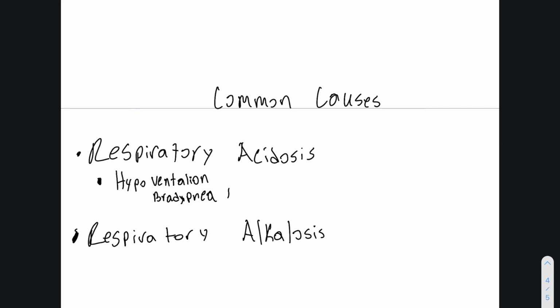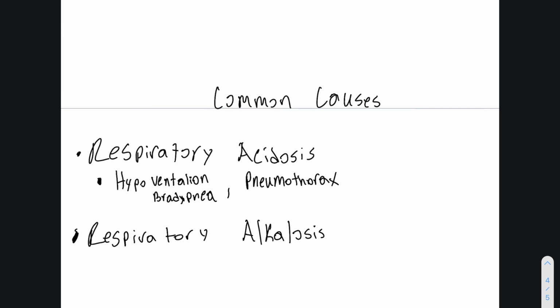What else can cause it? Something like a pneumothorax, right? Why would a pneumothorax cause acidosis? Well, think about it. You puncture your lung, right? There's a hole in your lung. Air is leaking into your chest cavity. Okay? And that air includes the CO2. That CO2 is a gas. So that CO2 is going to leak into your chest cavity and not out of your mouth from your lungs.